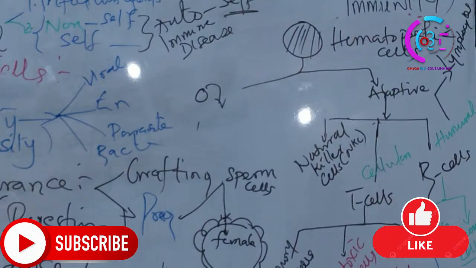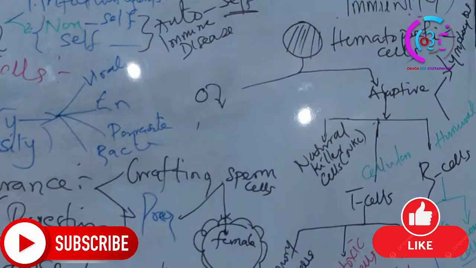And whenever we talk of lymphocytes, there are two basic types of lymphocytes depending on the origin. Two of them originate from the hematopoietic cells of the bone marrow.